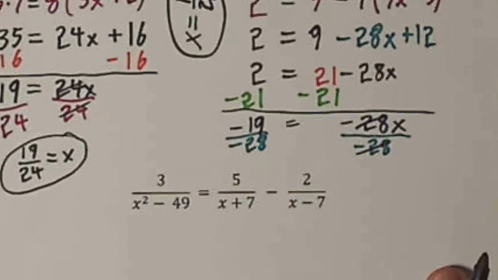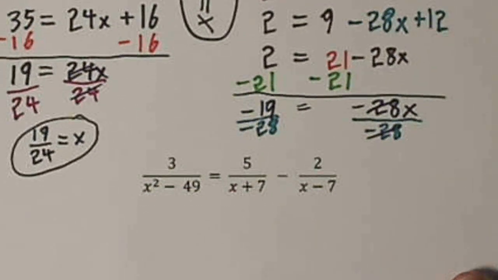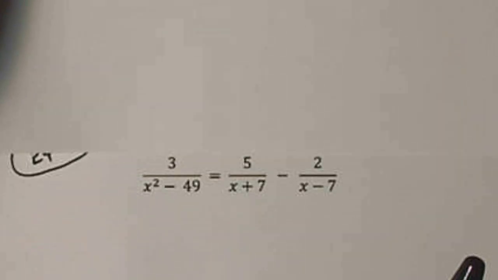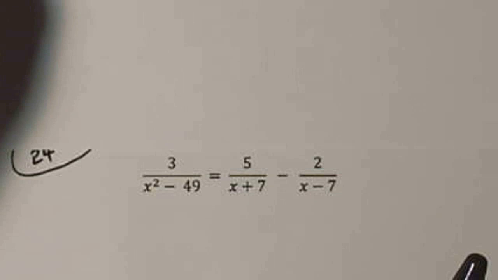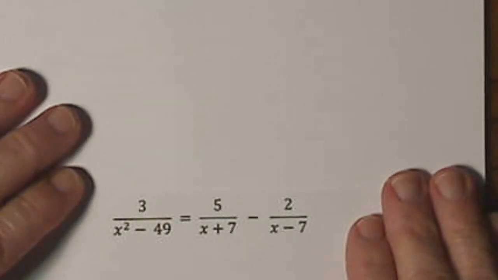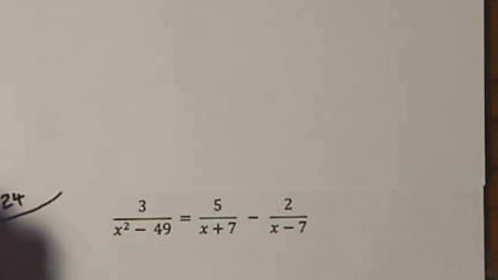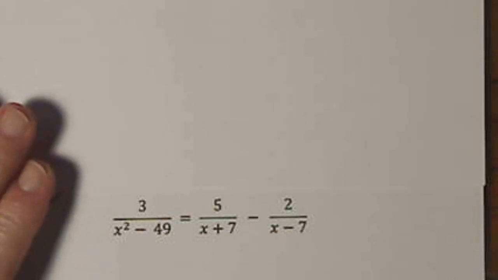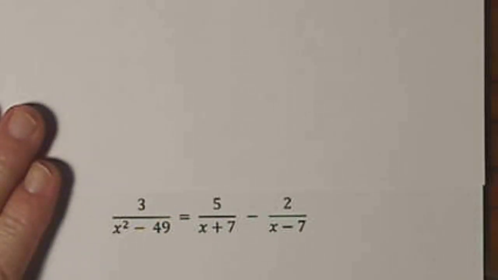Alright. And now we'll solve our last one on this page. And again, we will be using the same approach that we have used. We'll simply multiply by a common denominator. In this case, it is the least common denominator. Notice on the left here, maybe I can zoom in one.